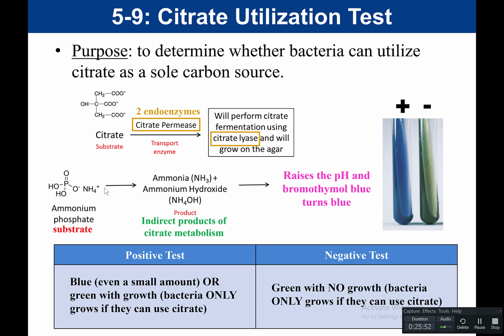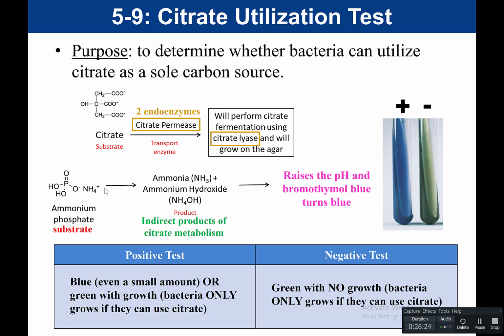Your negative test is going to be your green with no growth. That is your negative. Because if they don't grow, that means that bacteria did not utilize the citrate as the sole carbon source. And so that's what makes this test different than, say, a phenol red broth test. Because in this test, no growth is the true negative. That's the negative in this because the only source of carbon is the citrate.